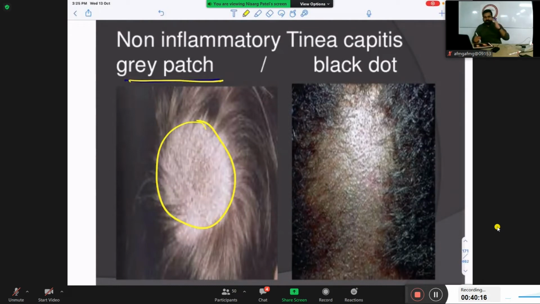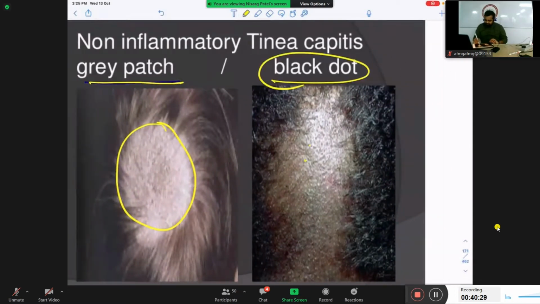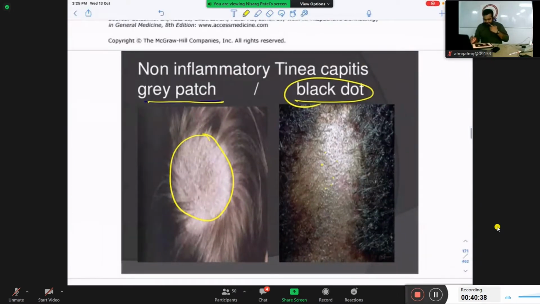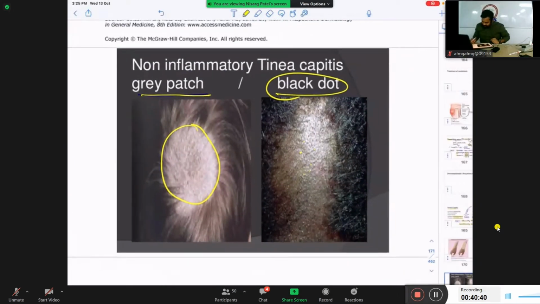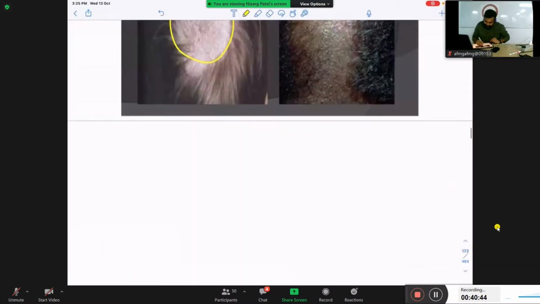So what is the correlation? In gray patch alopecia, you will see ectothrix infection. By this you will know which species: Microsporum species. In black dot alopecia, you are seeing the black dots. What is the infection? Endothrix infection. Species: Trichophyton. So write down: non-inflammatory alopecia is of two types.